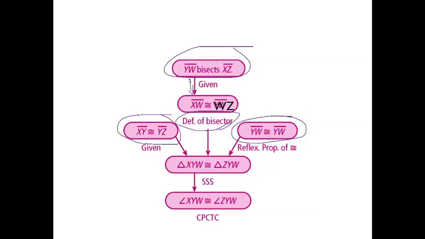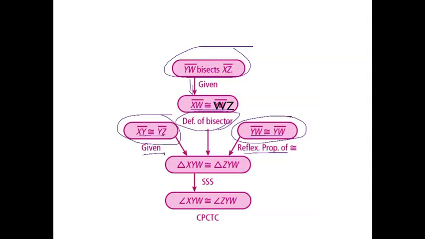Now, knowing that XY is congruent to YZ, and YW is congruent to YW again, and XW is congruent to WZ, those are the three corresponding segments for the two triangles that are congruent. YW was congruent to YW, remember, because of the reflexive property. We had this one from the definition of the bisector, and this one was given to us.